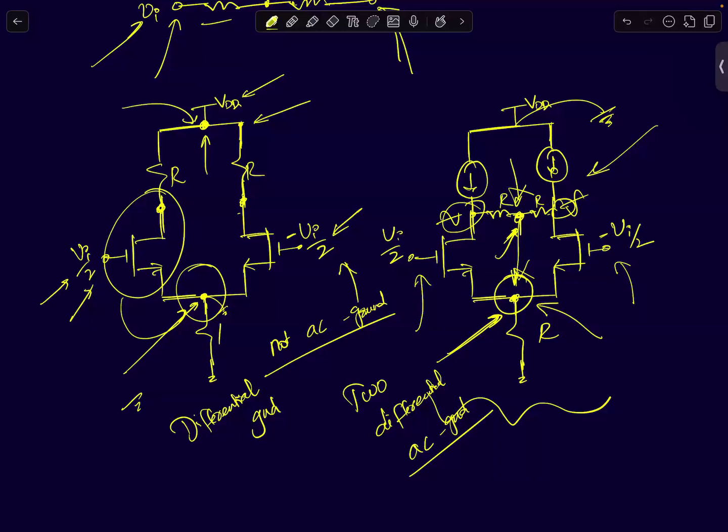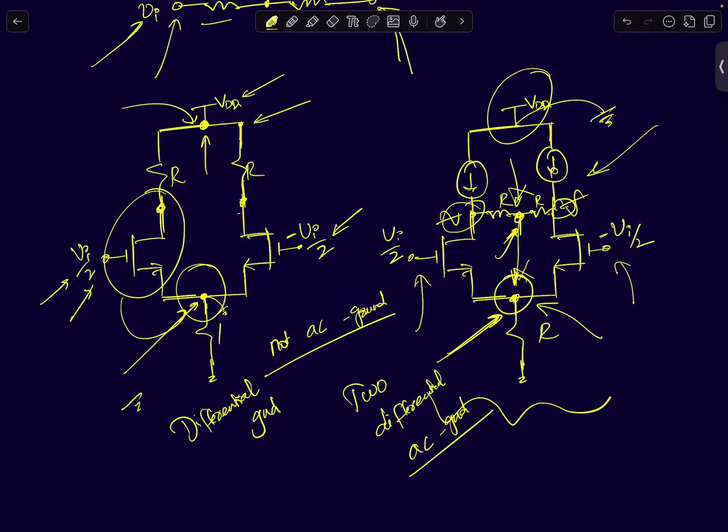So there is only one AC ground in the circuit, not four. There is only one pure AC ground. When I say AC ground, it's ground for differential inputs and for common mode inputs as well. That's something to keep in mind.